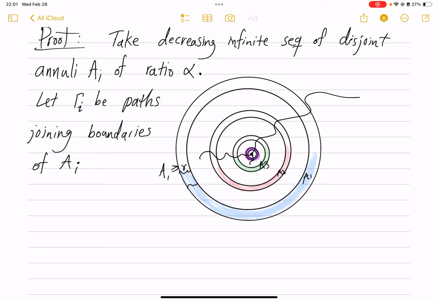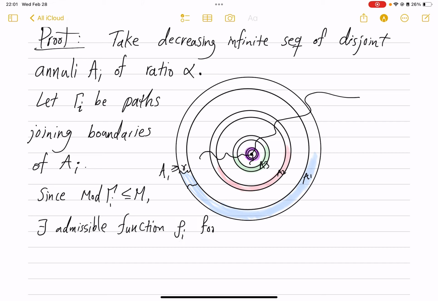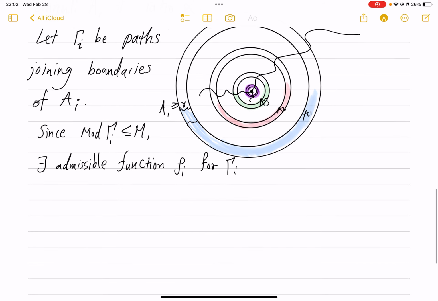So we know that this modulus is less than M. Since the modulus of gamma_i is less than or equal to M, this means there exists an admissible function rho_i for this gamma_i.